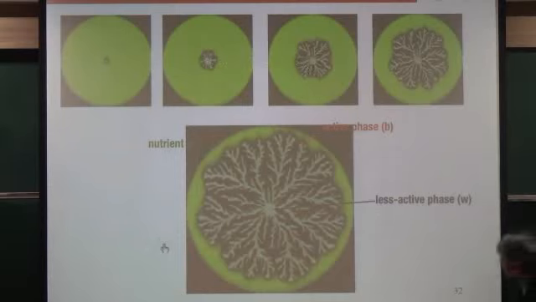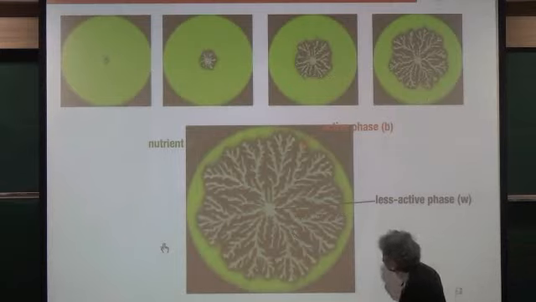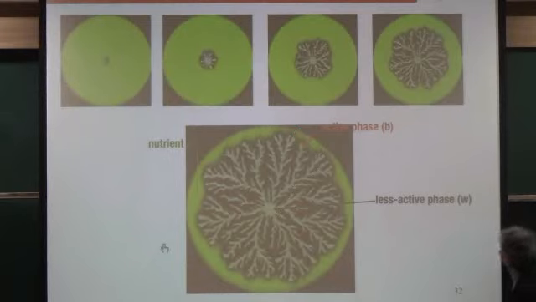You can see, maybe not so easily, that the white part is less active, and just the tip, the pink color, is the active cells.